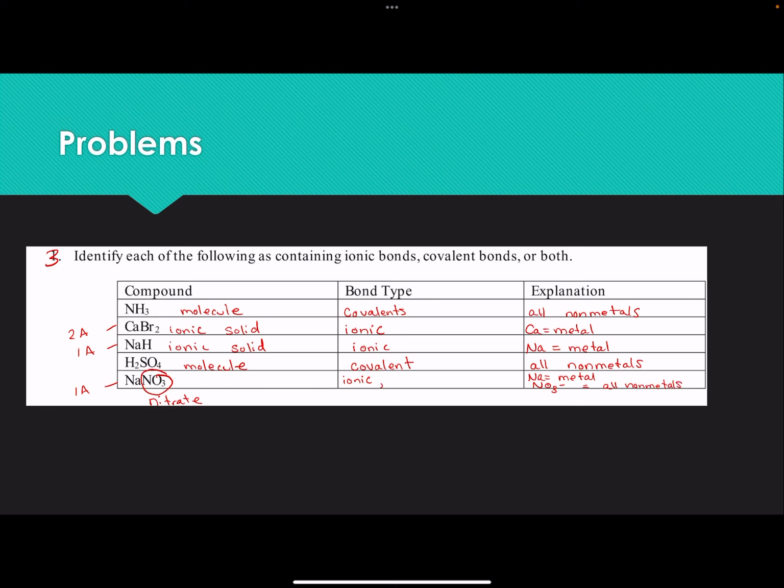So the NO3- contains covalent bonds. That particular compound is going to be a mixture. The polyatomic ion is composed of covalent bonds, but that substance happens to have a charge that can then attract that sodium cation, and the attraction between those charges is going to give me my ionic bond.